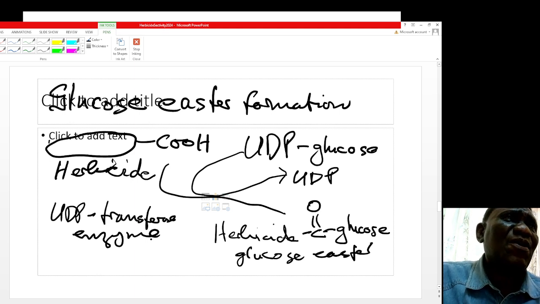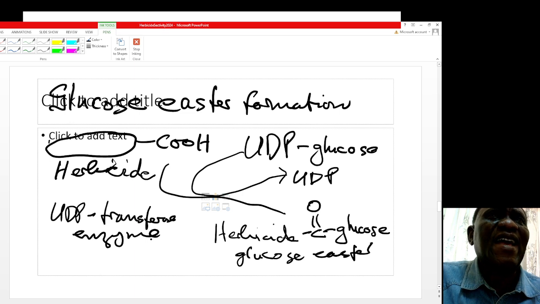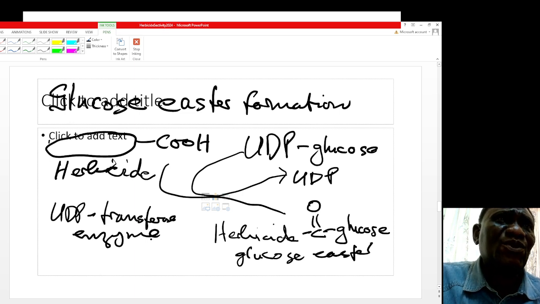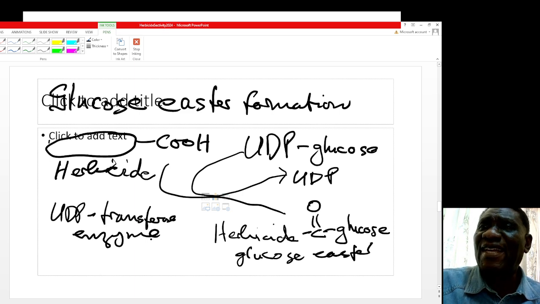So this is another way of making the herbicides less toxic. In some plants, these reactions take place very fast and it protects them. Hence, we have herbicide selectivity.